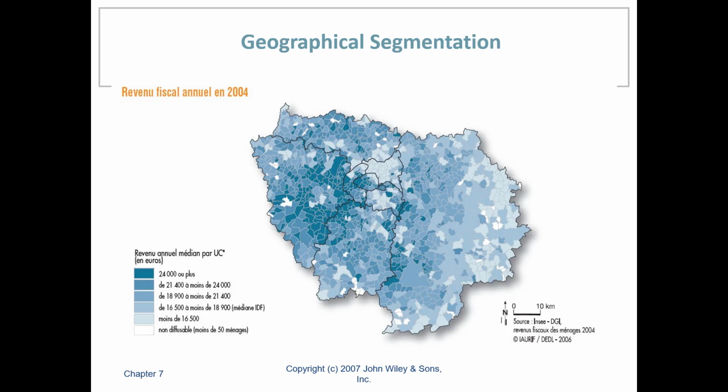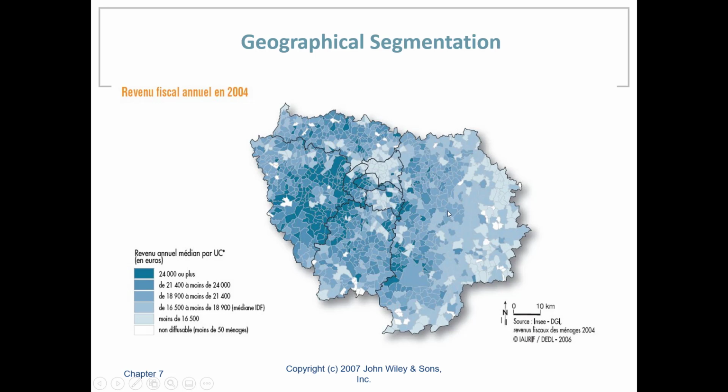One thing I wanted to talk a little bit more about than the book is geographical segmentation, because I think that's very important. So this is a little map of income in the Paris metro area. It shows the wealthy areas in central Paris. Then it's got some of the poorer areas in the middle and then the outskirts.